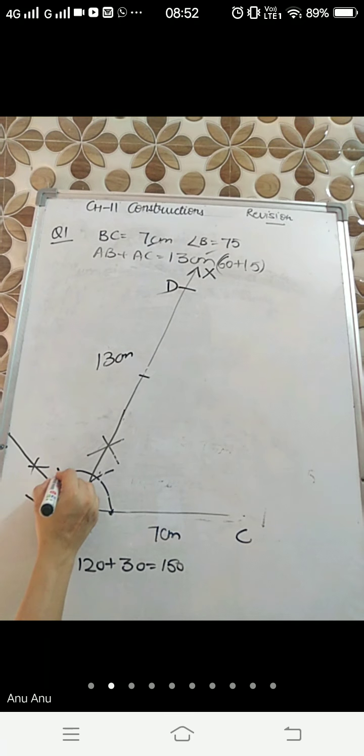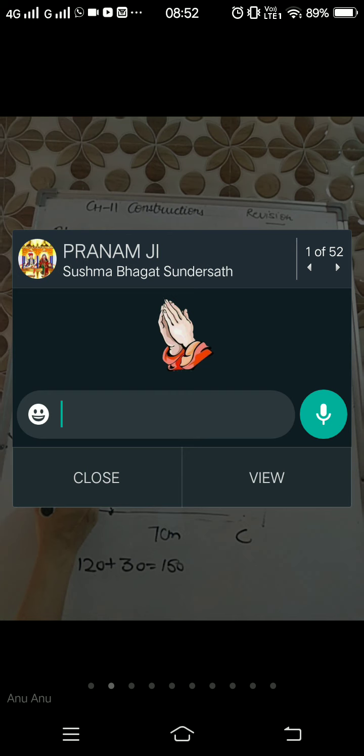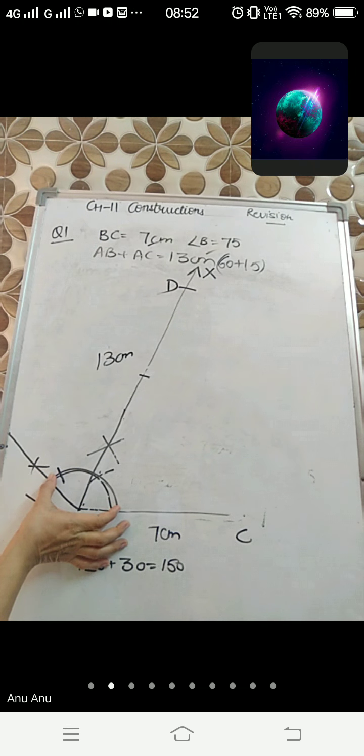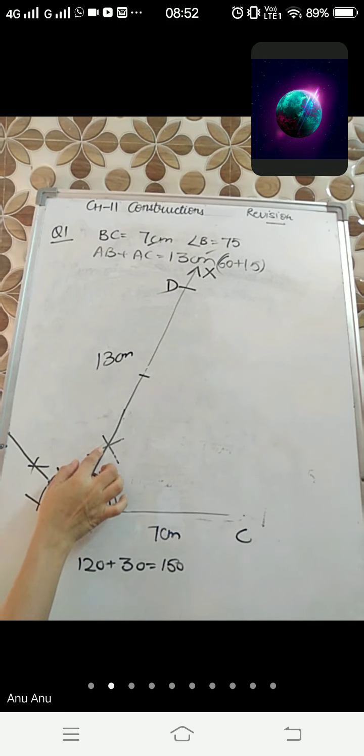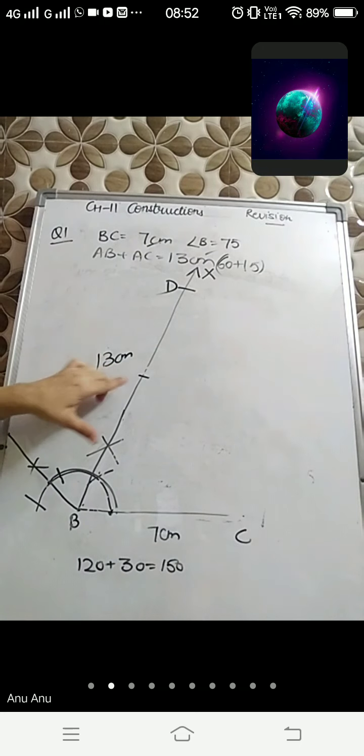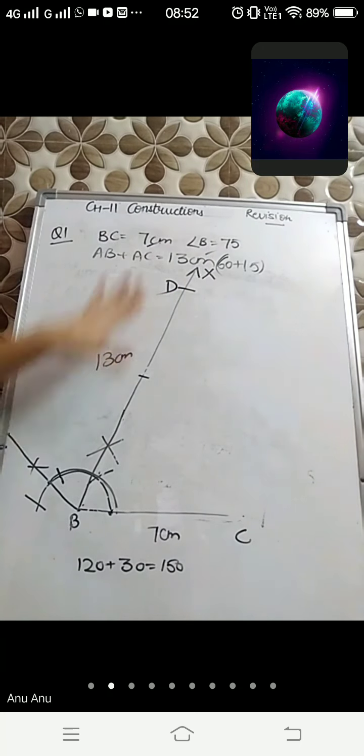So this angle from here to here is 150. This angle complete is your 150. So make the half of 150, that will give you 75. So this is the line, and from here you will draw 13 centimeter. But if it is not possible to draw the direct arc of 13 centimeter, you can divide it into two parts, 7 and 6, that is 13.